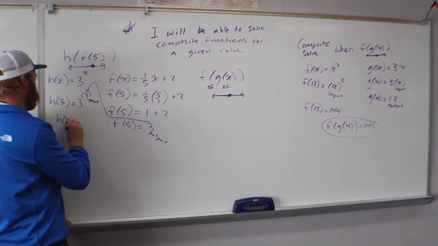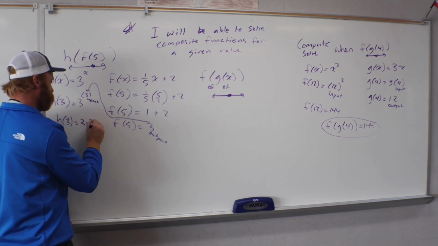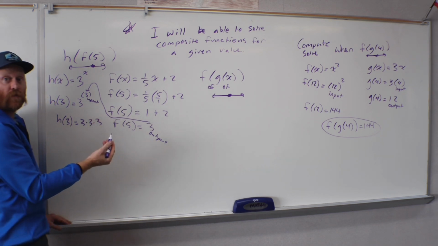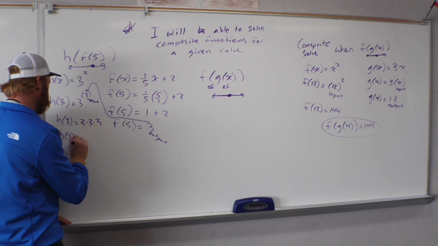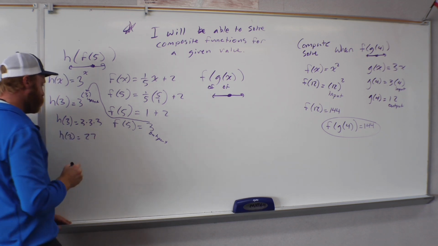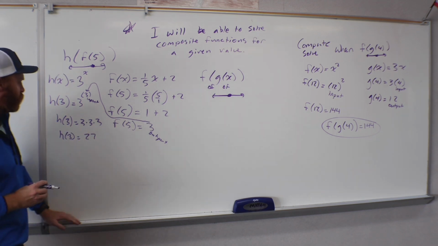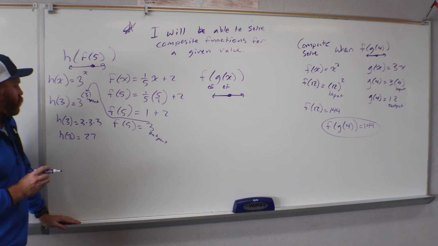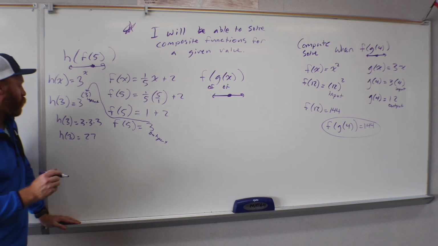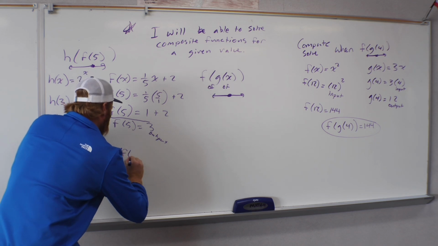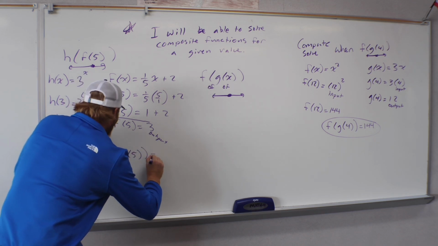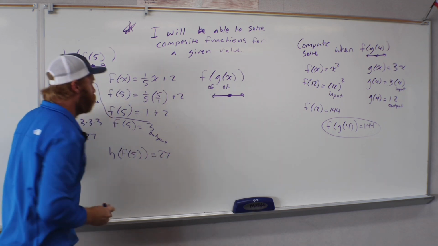It means 3 times 3 times 3. 3 times 3 is going to be 9. 9 times 3 is going to be 27. So we're going to have h of 3 equals 27. So to write the answer completely correct, we would say h of f of 5 equals 27.